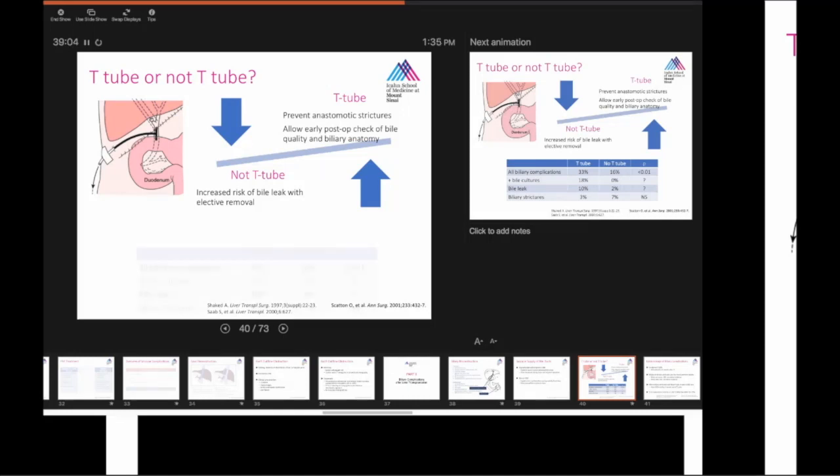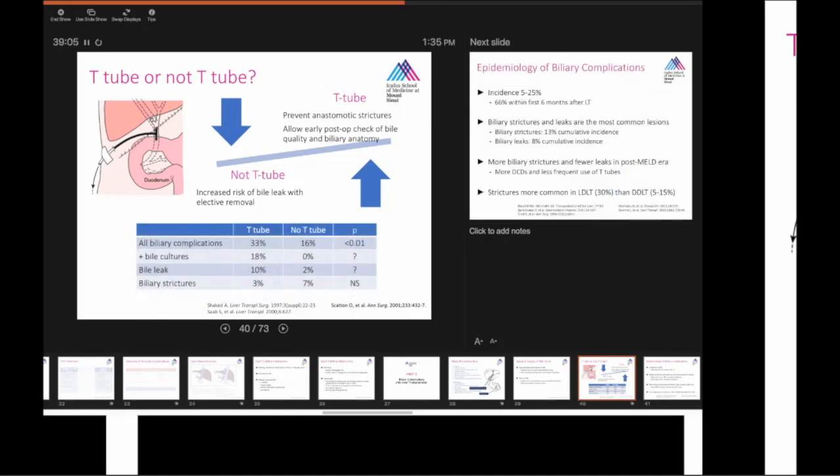Now, I combined results from a few studies over here, and those with T-tubes have higher risk of biliary complications, a higher percentage of positive bile cultures, higher percentage of bile leaks. They didn't give the p-values, but I'm assuming it's significant. And a maybe slightly numerically lower percentage of strictures, but it's not statistically significant.